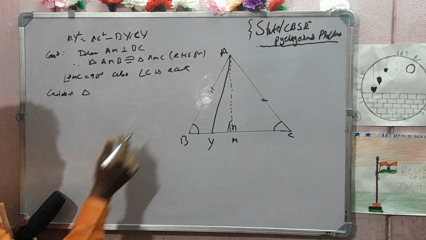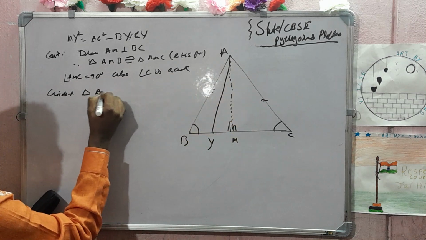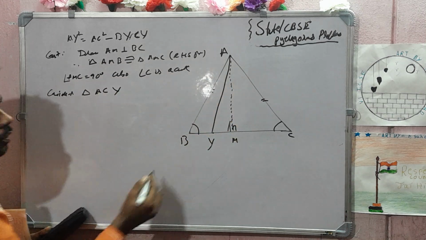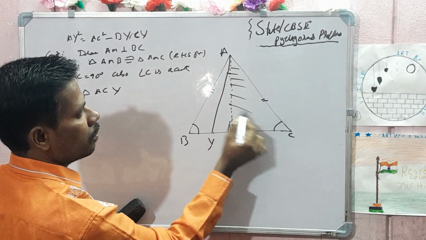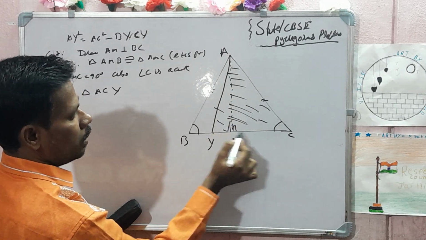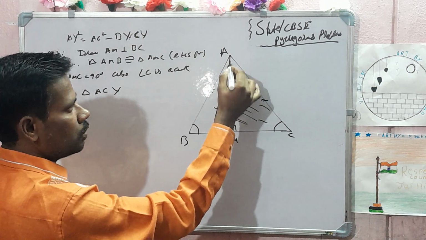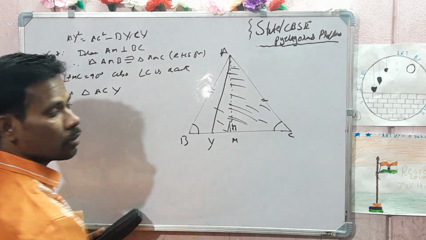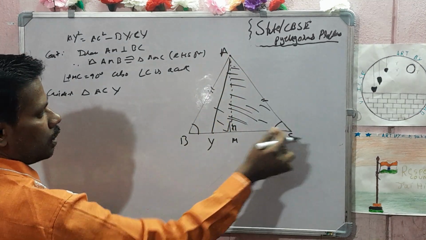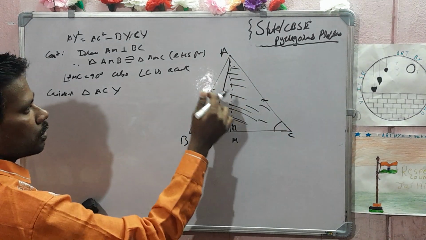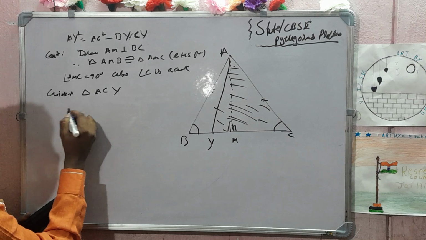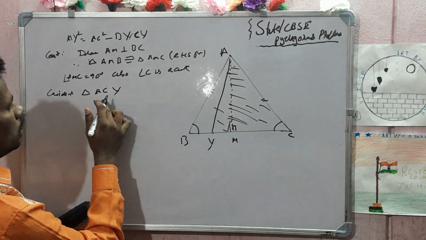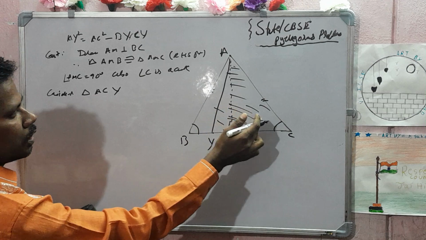Now consider triangle ACY. I'm sorry, consider triangle ACY, because this is a right angle. Apply the Pythagoras theorem. AY square is equal to, since angle C is acute, what can you say?